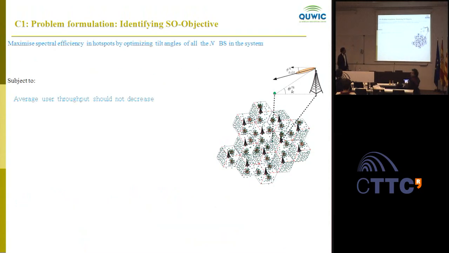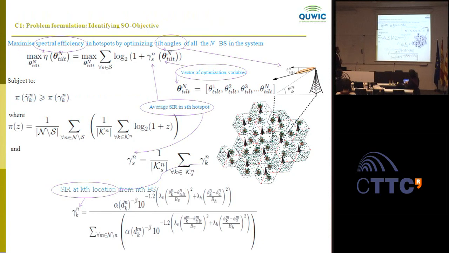So if we put our problem in words, it's like maximize spectral efficiency in the hotspot by optimizing the angles of all the n base stations in the system, but without sacrificing the average user throughput. Means the users outside the hotspot should not be sacrificed. So this is how the problem will look.